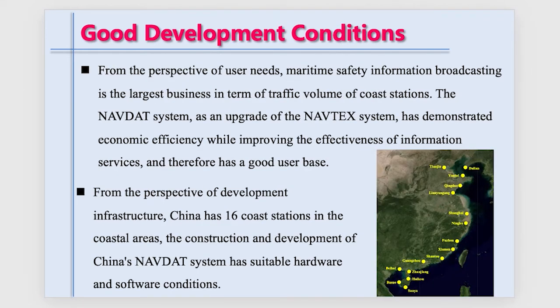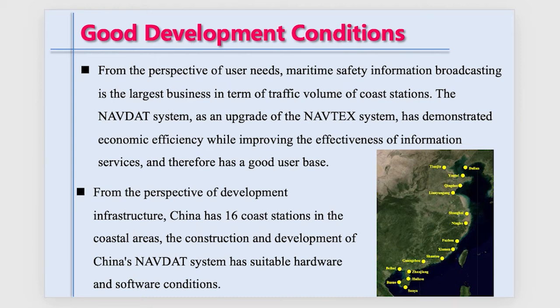From the perspective of users' needs, maritime safety information broadcasting is the largest business in terms of traffic volume of coast stations. The NAVDAT system, as an upgrade of the NAVTEX system, has demonstrated economic efficiency while improving the effectiveness of information services, and therefore has a good user base.